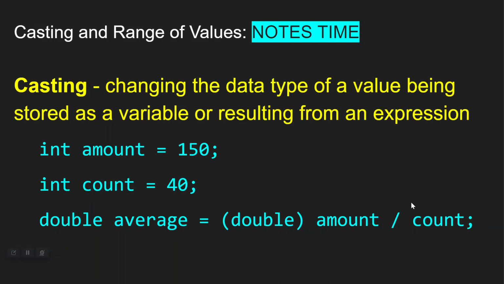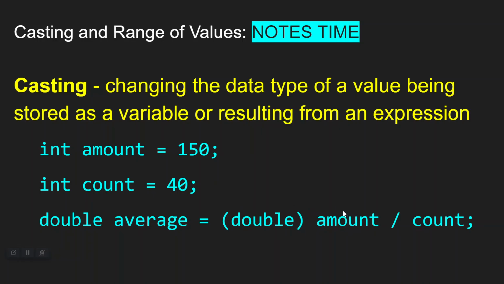So what that means is we need to change one of these values, either amount or count needs to be treated as a double before this calculation is performed. So in Java, you can create your variable double average and set it equal to. But when you instantiate this, in parentheses, put the word double next to the word amount.